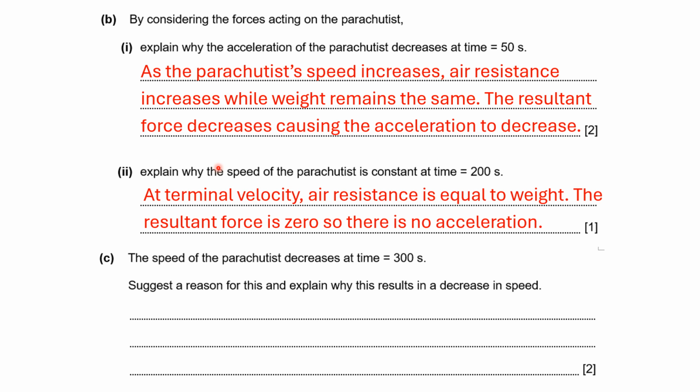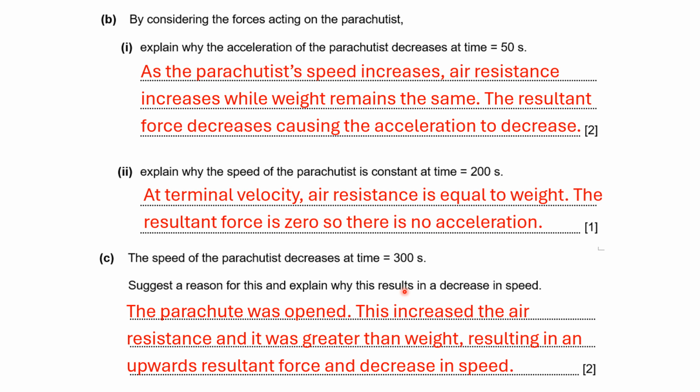Part C, the speed of the parachutist decreases at 300 seconds. Suggest a reason for this and explain why this results. That is because the parachute was opened. As the parachute is open, you have a larger surface area falling through the air, which increases the air resistance to be greater than the weight.